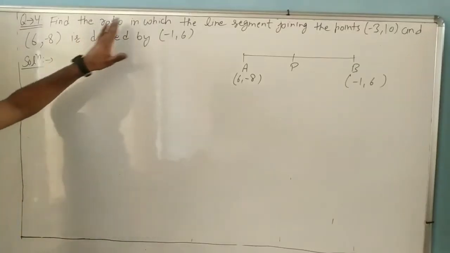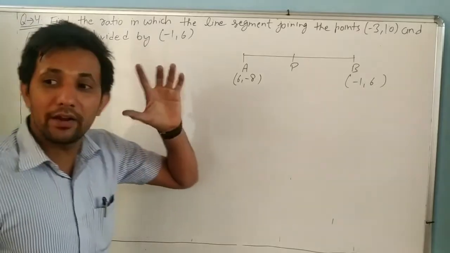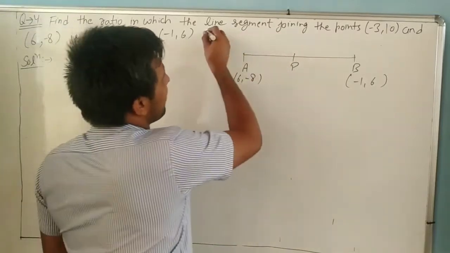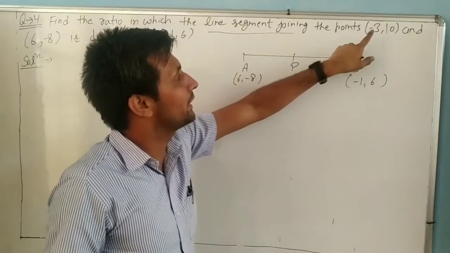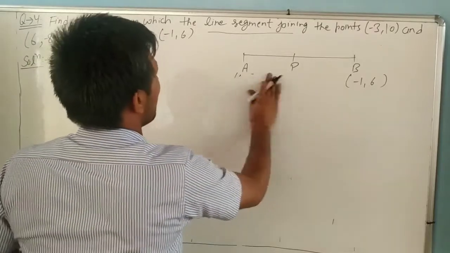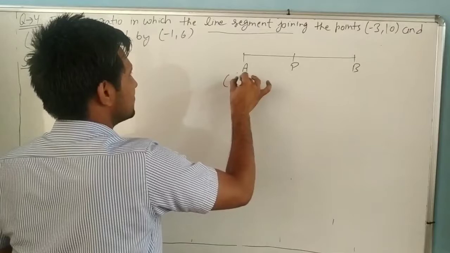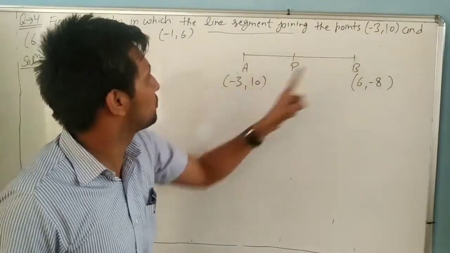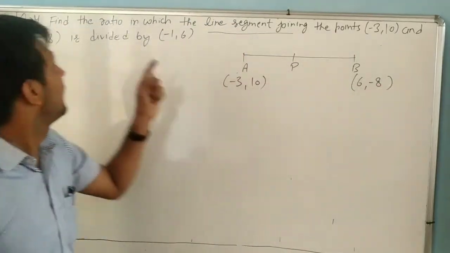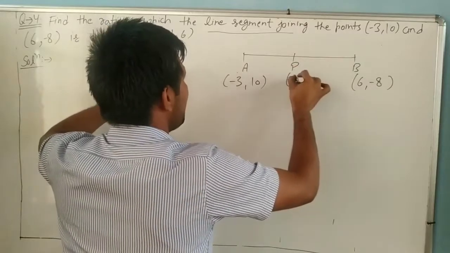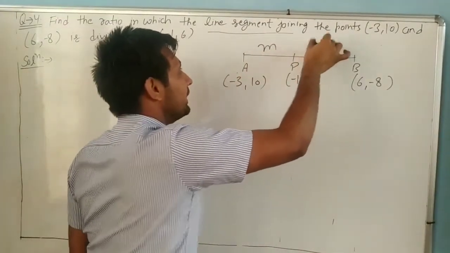Third question: find the ratio in which the line segment joining the points (-3, 10) and (6, -8) is divided by P (-1, 6). So here we have to find the values m and n.